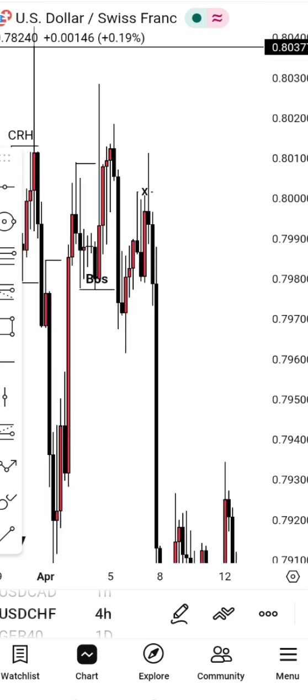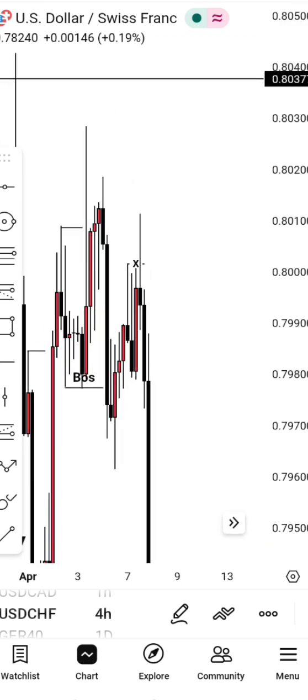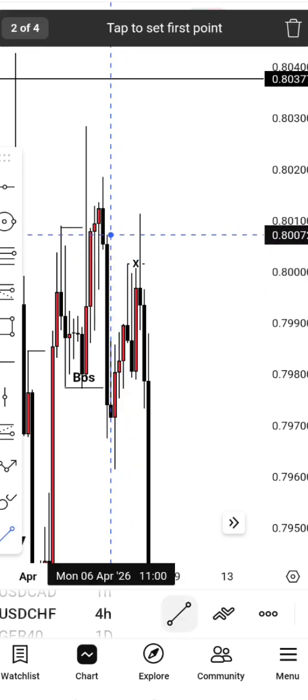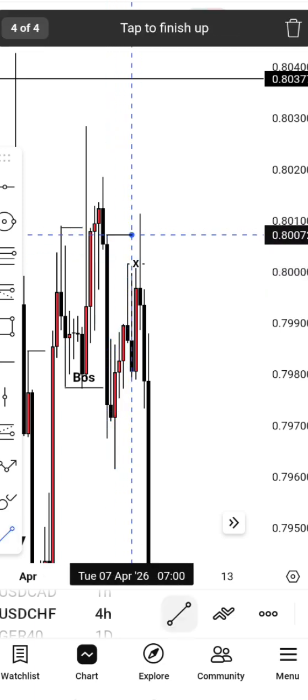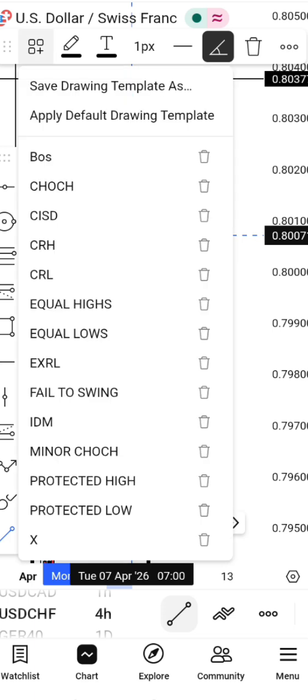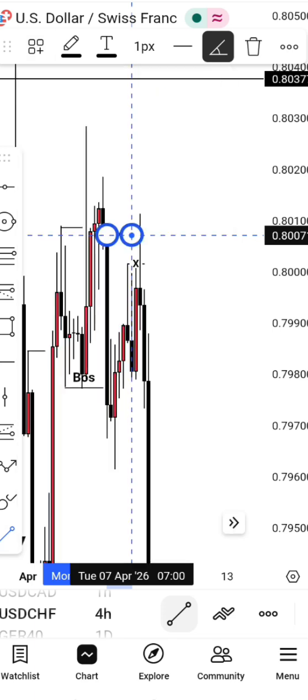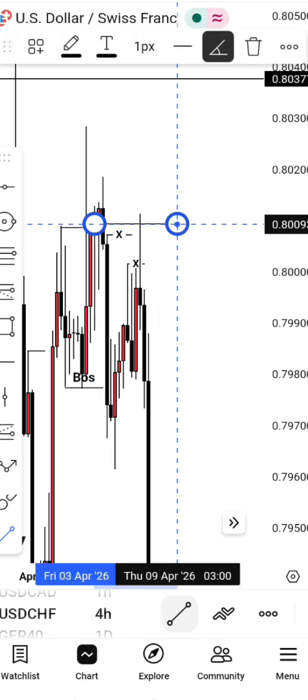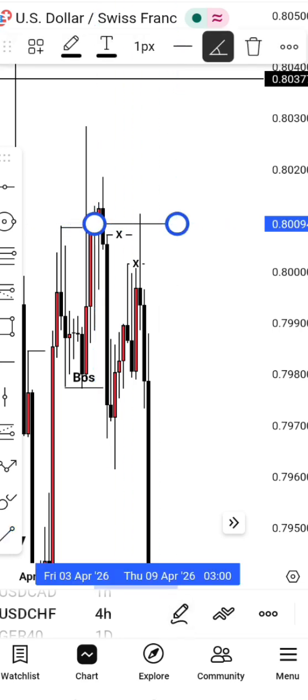All right. So this was liquidity, then this was the internal range liquidity that I mapped out, and then I took my entry from this key level, the next key level next to it.